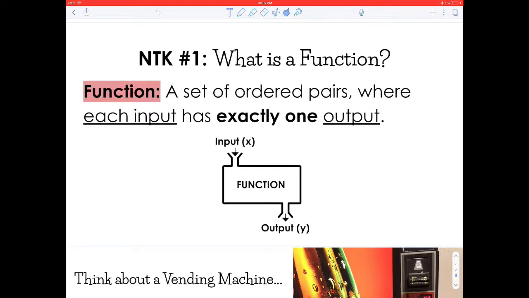It is a set of ordered pairs. Now, what does that mean? Those are coordinates like x, y, okay, where each input has exactly one output, okay? So remember, input are our x values.